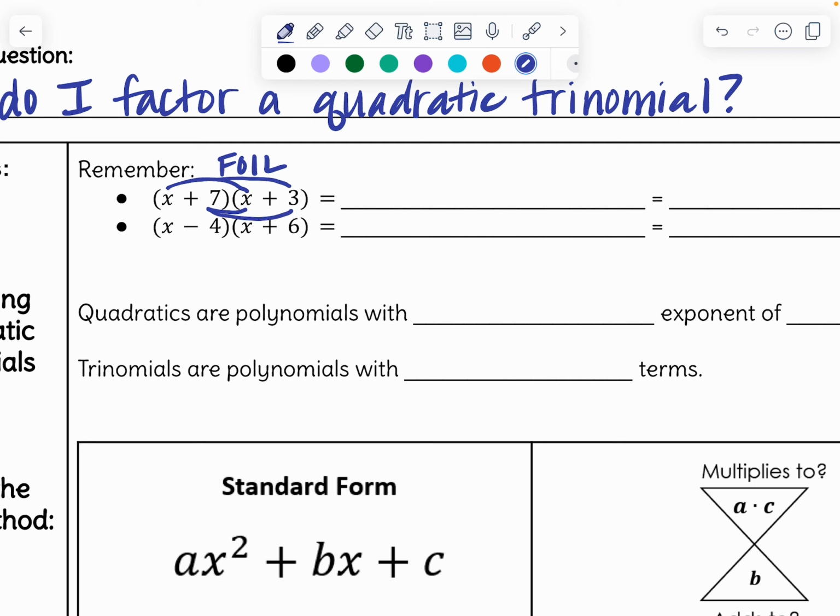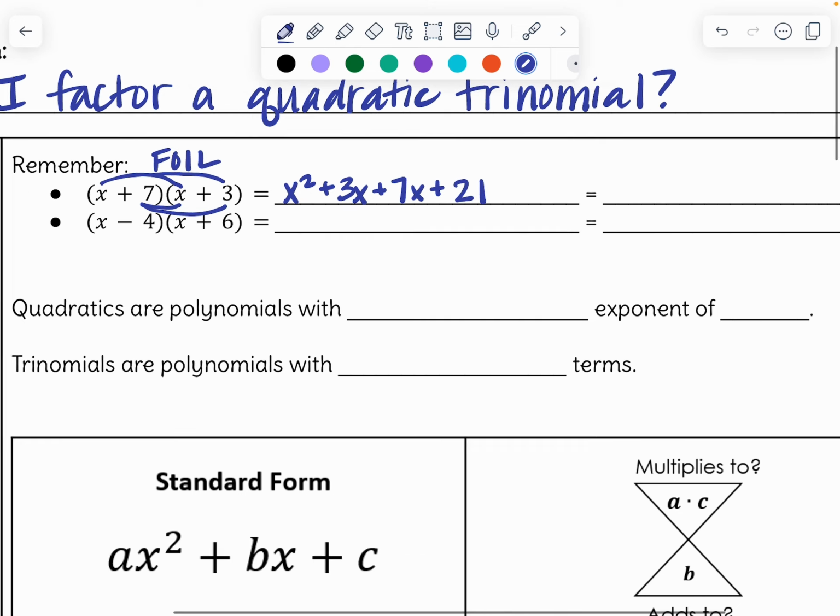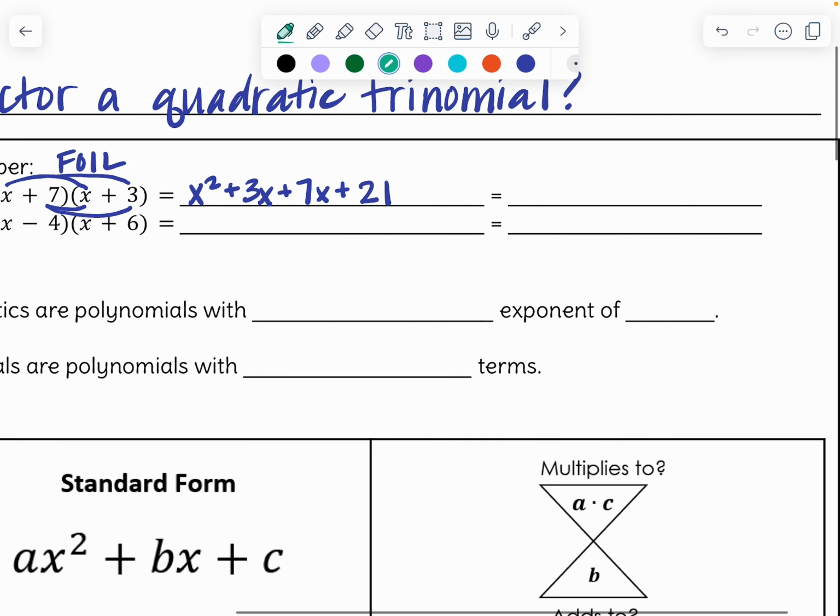So if we do that, we end up with x squared plus 3x plus 7x plus 21. And then we will combine the like terms, and that gives us a trinomial, x squared plus 10x plus 21.